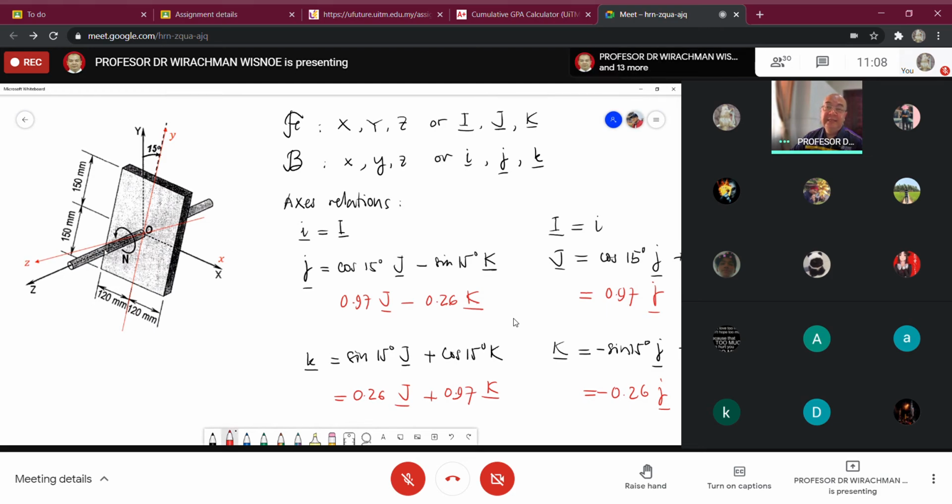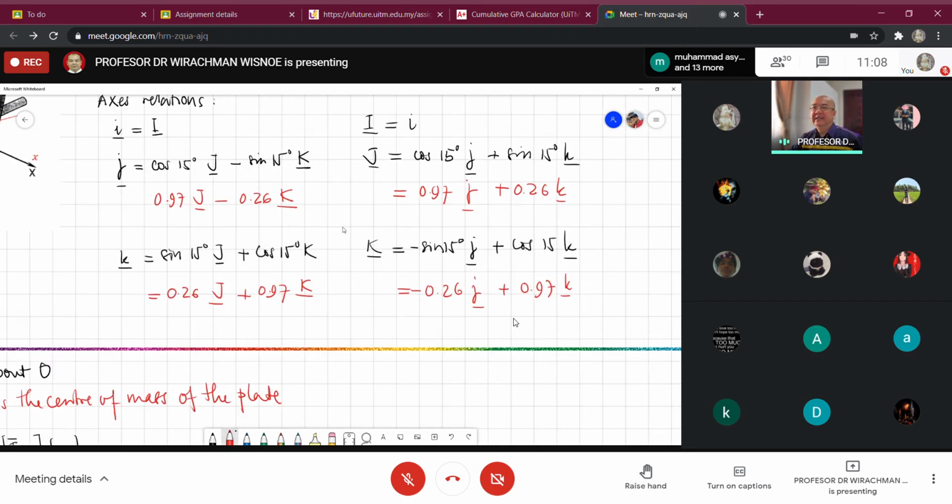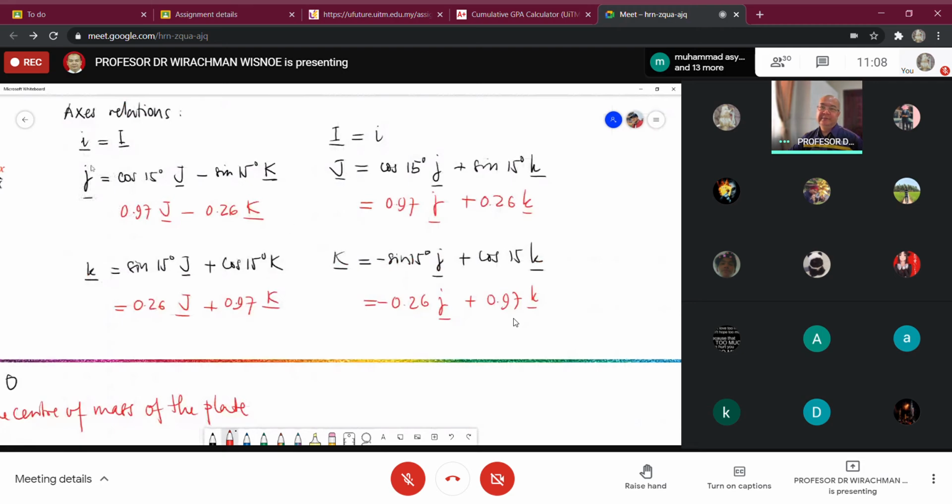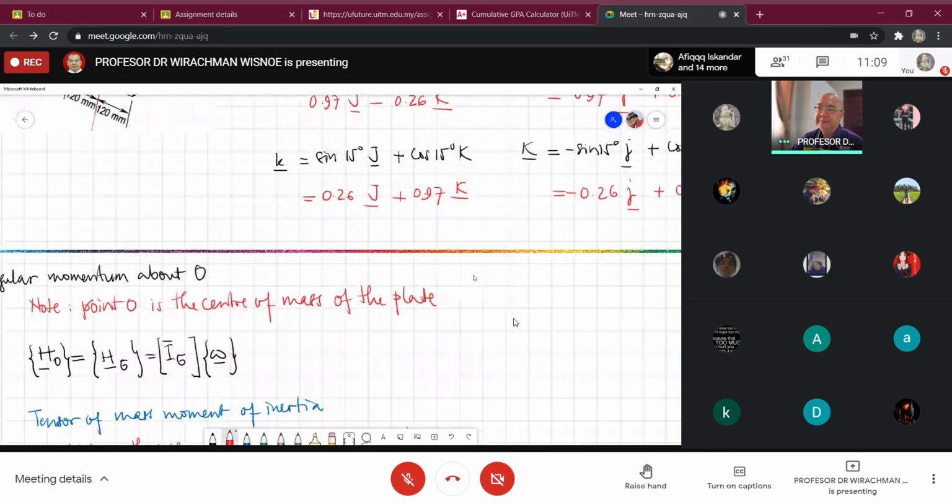Capital Z is cosine of the small z minus sine of the small y. Okay, roughly, this is the relation. Conversion relation from fixed axis to the body axis, either the left one or the right one. So you have to know how to do this. If you cannot see, just ask me. Okay?